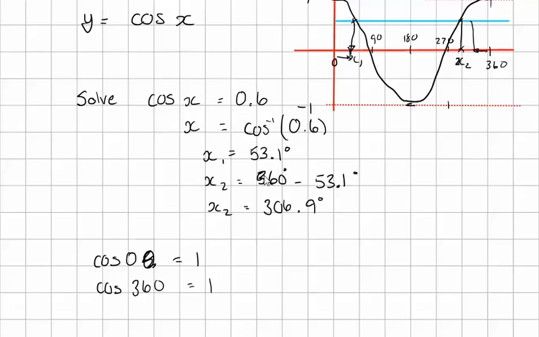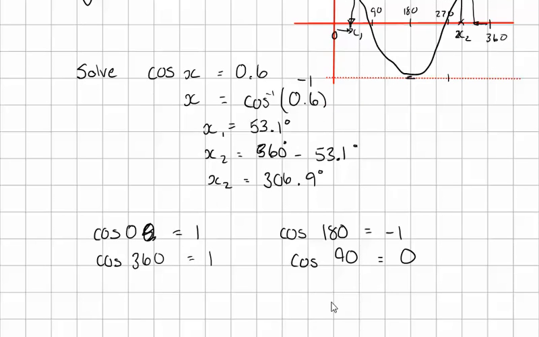You have to remember those. Pick any others that you know. Cos of 180 is minus 1. That's another easy one, yeah? Any other easy ones? Cos of 90 is 0.